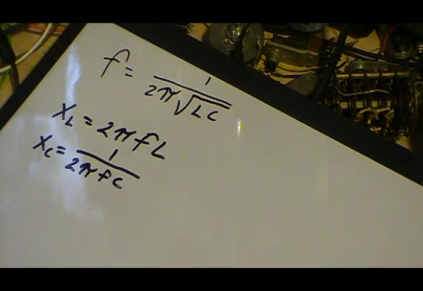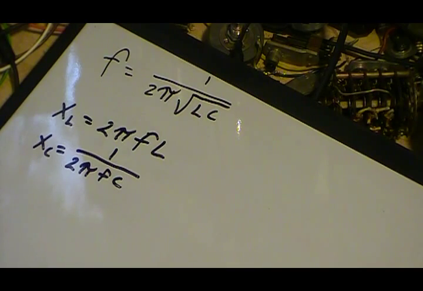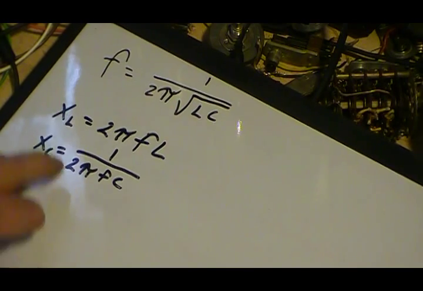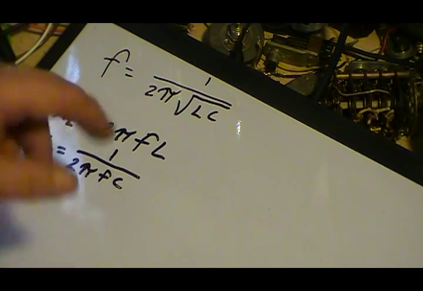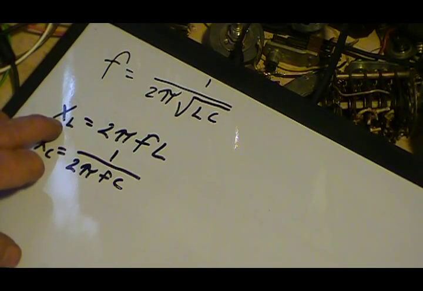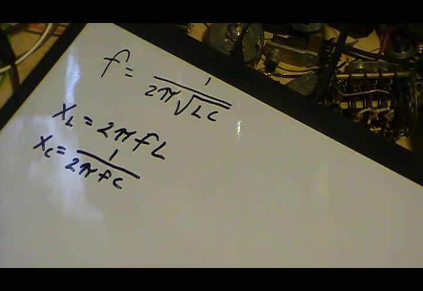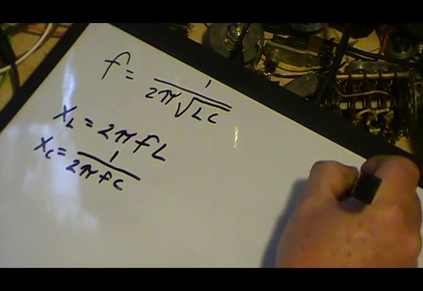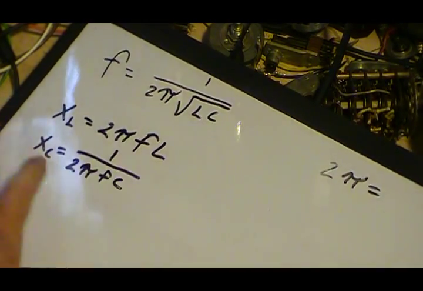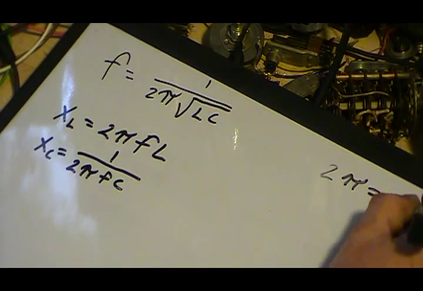Before we get to the whys, something I want you to pay attention to, and it's a mathematical term: the X sub L, or inductive reactance formula, equals 2 pi F L. Now 2 pi is a constant. In any type of math that you may ever do with 2 pi in these formulas, just think of it as 6.28.